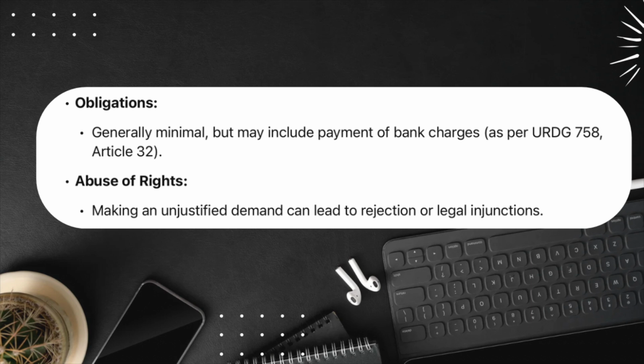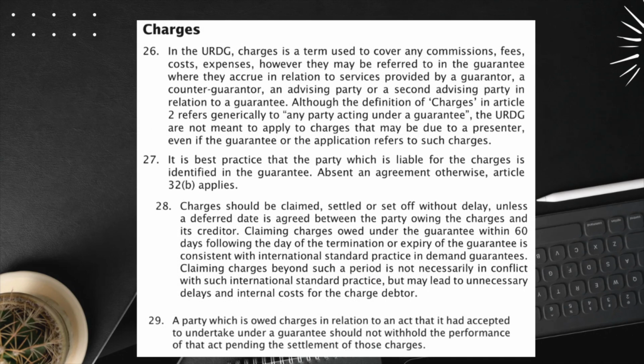Even if the demand guarantee incorporating URDG 758 expressly provides that the bank charges are to be paid by the beneficiary, the instructing party remains liable to pay the charges. If they are not paid by the beneficiary, the guarantor is not entitled to insist the charges be paid before it pays on the complying presentation. ISDGP B26 to B29 provides more information on charges.